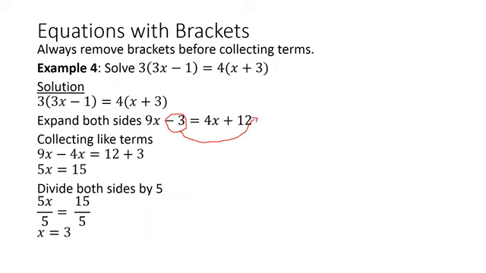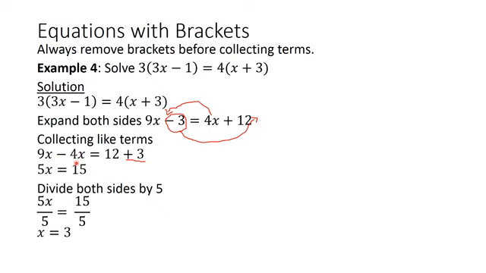Once it crosses, it changes to plus 3. Same as this. Once it crosses to this side, it is no longer plus 4x. It will now becomes minus 4x.